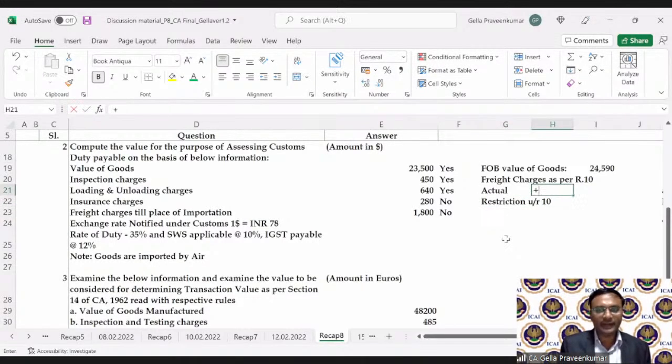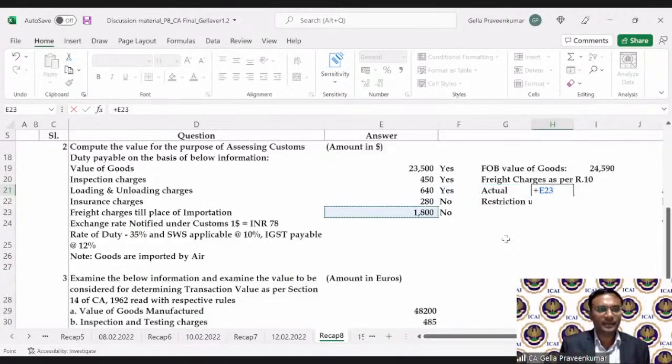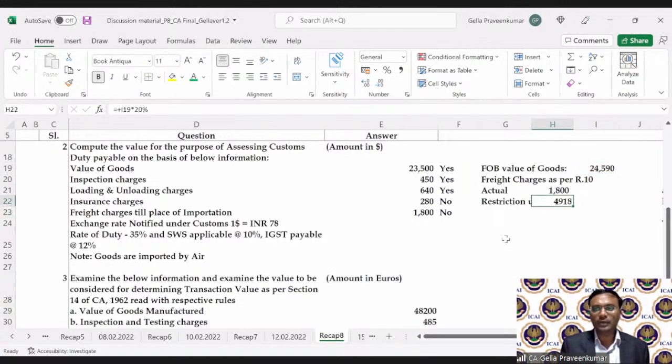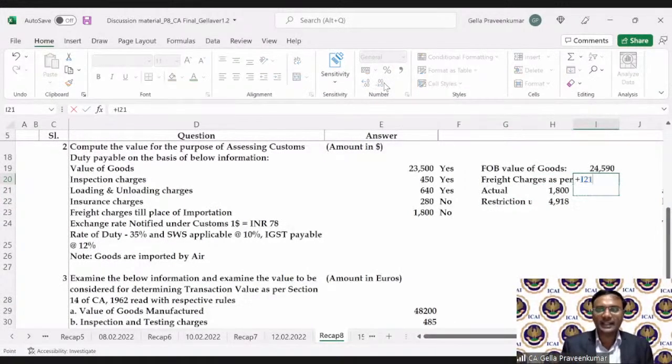Now, my actual freight charges happen to be 1,800 and 20% of FOB is 4,918. So I have paid freight charges much lesser than the restriction under rule 10. So what we will do? Freight charges, I'll take the minimum of these two.